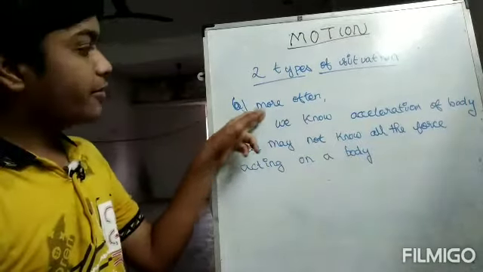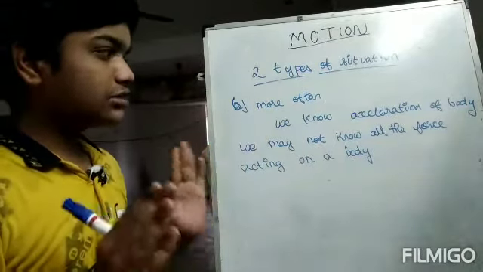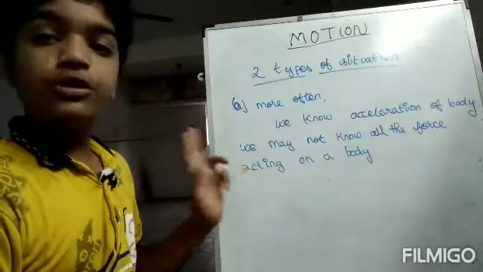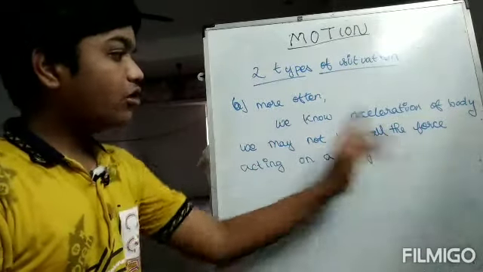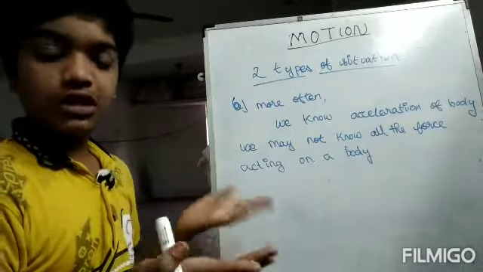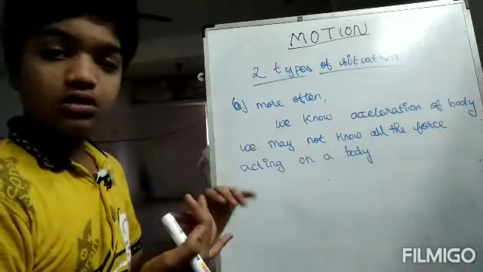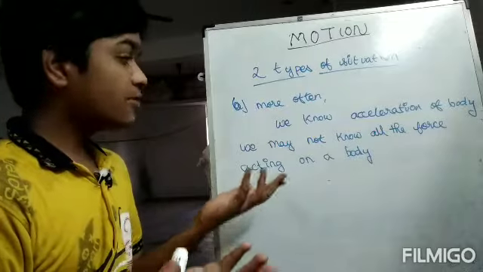Next situation, more often we know the acceleration of the body, but we may not know all the external forces that are acting on it. We can't find them, there are many forces.